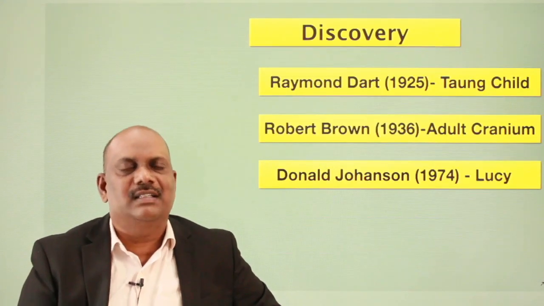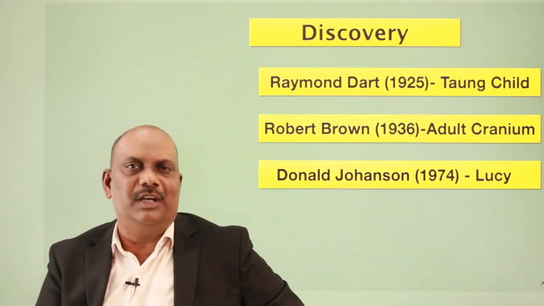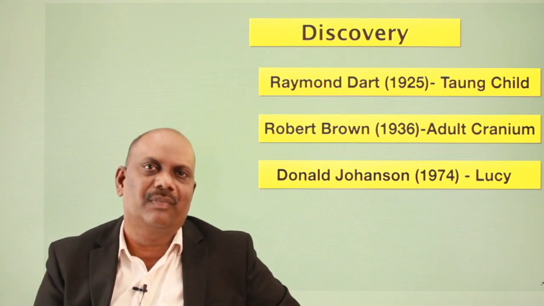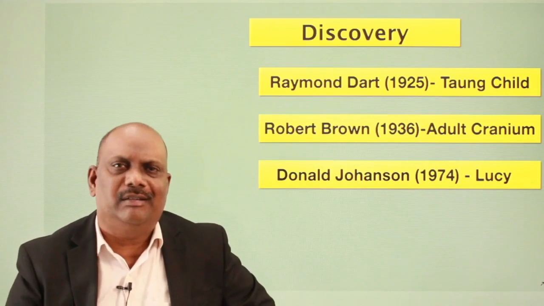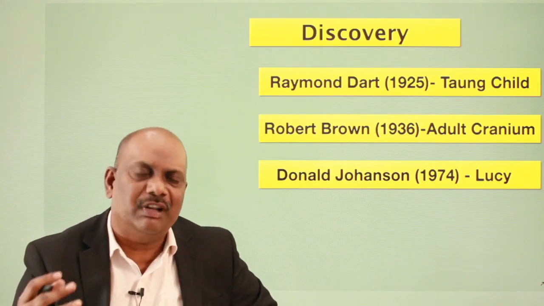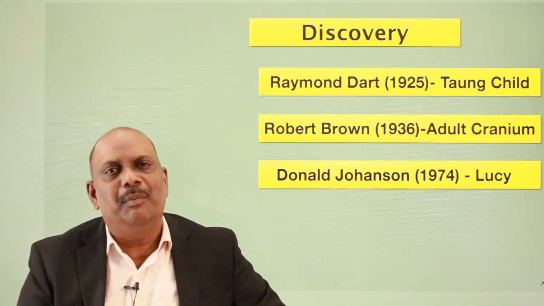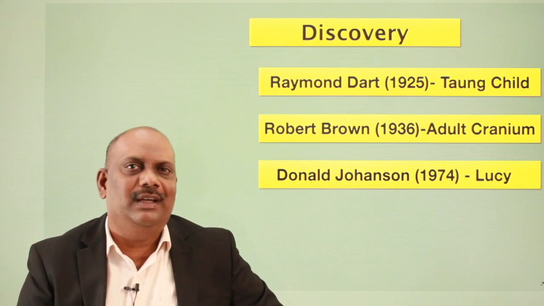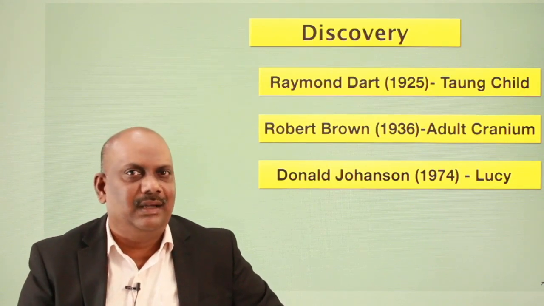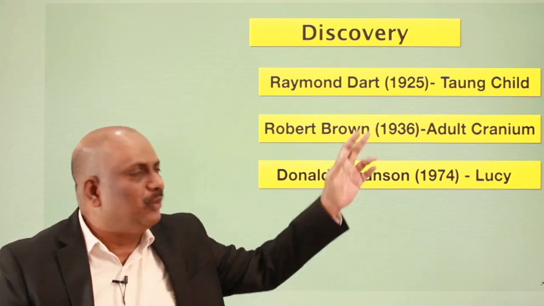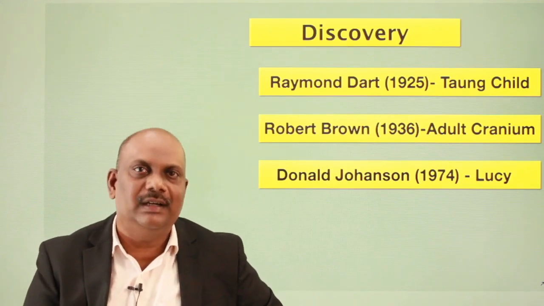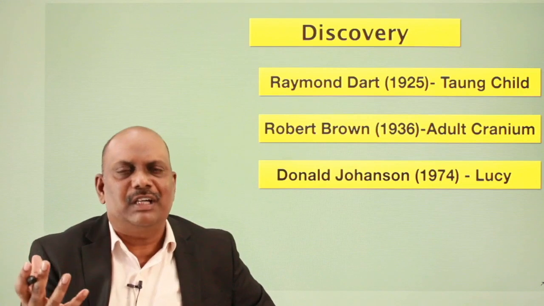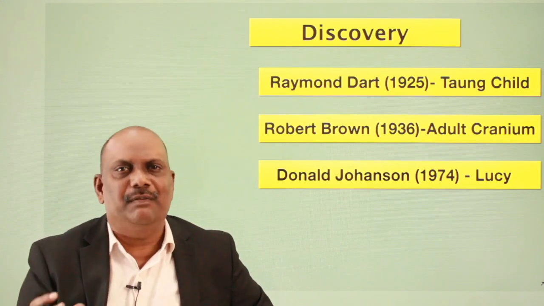So first let us discuss the discovery of Australopithecus. In the year 1925, in fact, the year 1924 it happened. A few workers were working in a limestone quarry at a place called Taung near Johannesburg in South Africa. They discovered the fossil of a small baby.